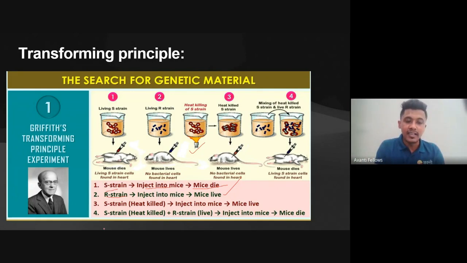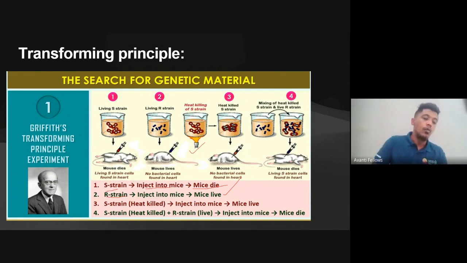So what is this attenuation? If you have a virulent bacteria, or a disease-causing bacteria, and suddenly they are exposed to a higher temperature, higher meaning around 40 degrees Celsius, the shock of this heat will make them lose the character of virulence.